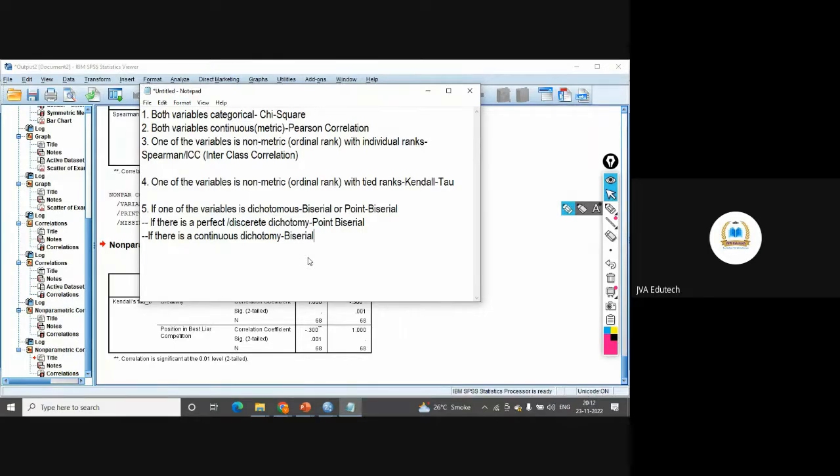You have two categories, but there is some continuity between them, which is practically very less. For example, fail and pass. Let's say the passing mark is 40. Somebody got 39.5, he failed the exam. Somebody got 40.1, he passed the exam. They are failing or passing by very marginal numbers. So there is a continuous dichotomy between fail and pass.